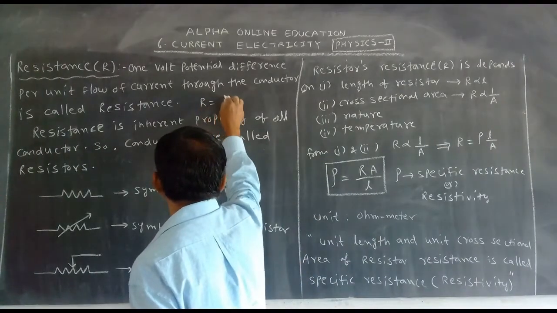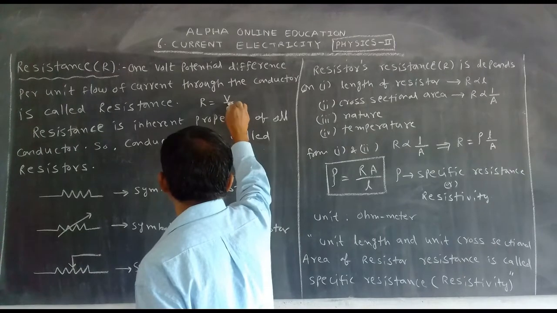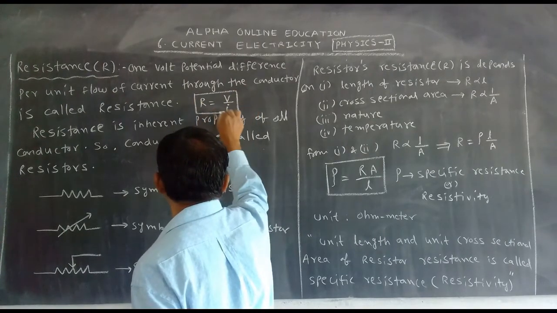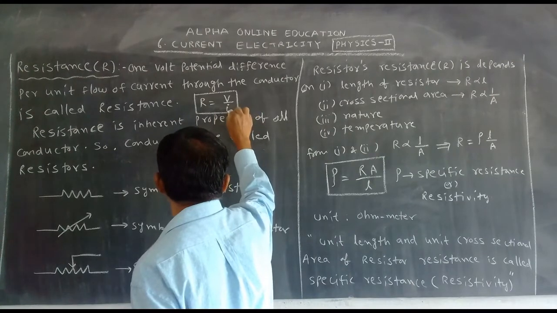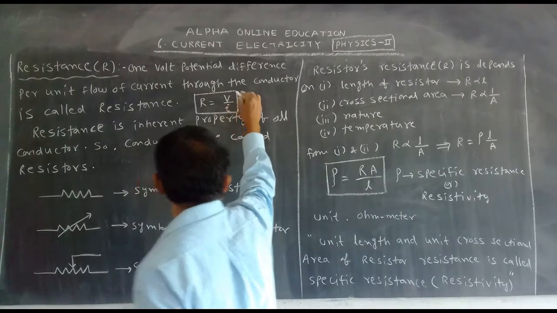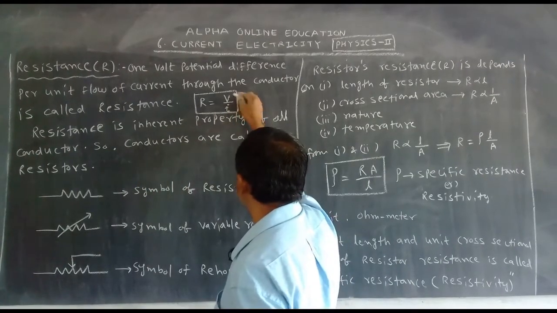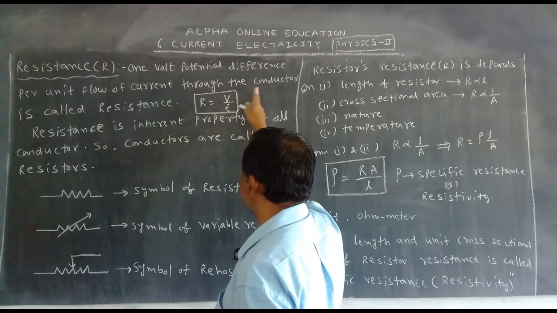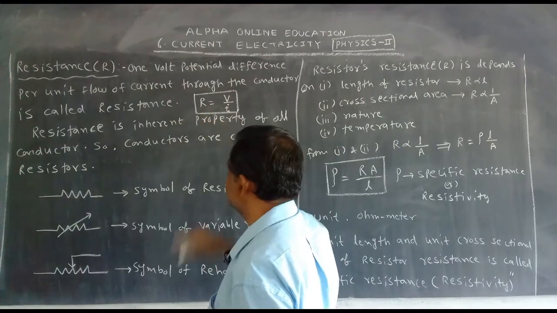R is equal to V by I. But what happened here is 1 volt potential difference per unit flow of current through the conductor is called resistance.